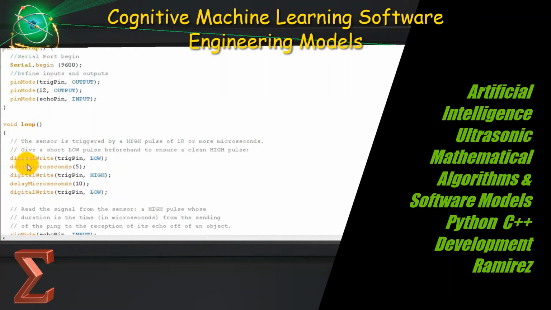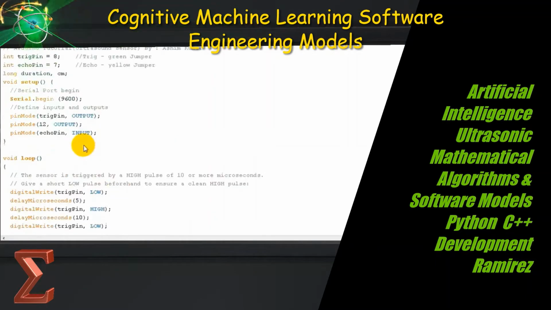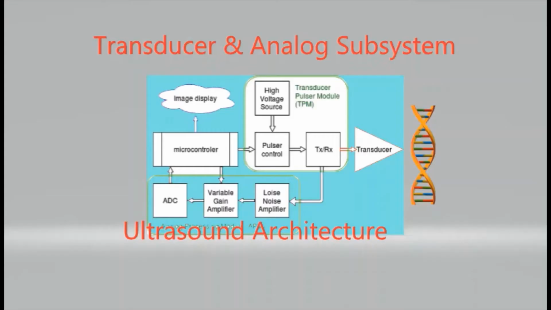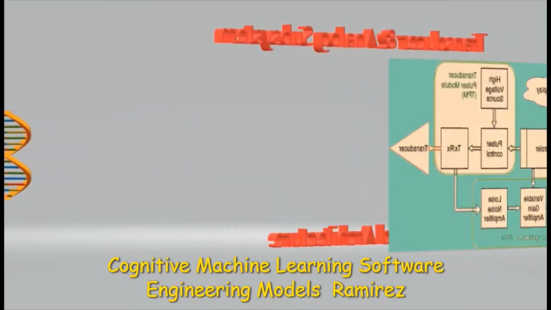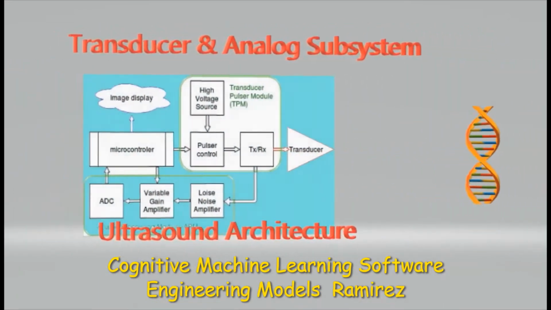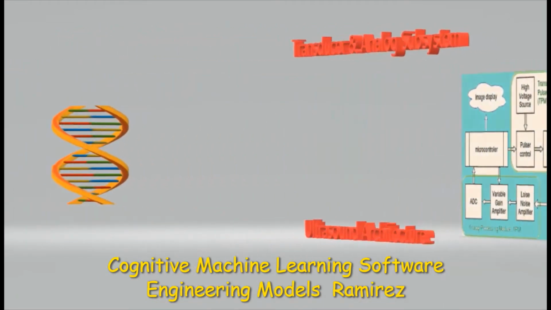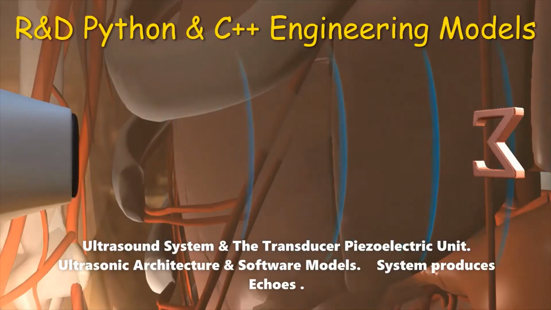These materials are able to produce sound waves when an electric field is applied to them. But it can also work in the reverse, producing an electric field when a sound wave hits them.